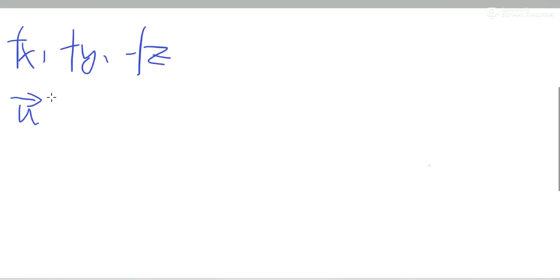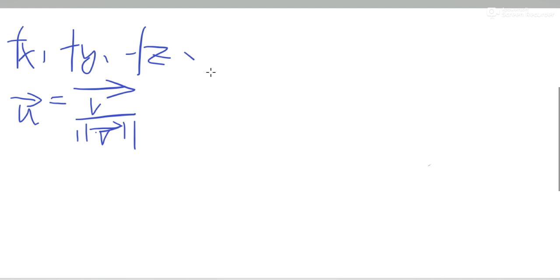The first thing is that we have to find the derivatives fx, fy, fz of the original function, and then we get the unit vector, which is the vector over the vector's magnitude.